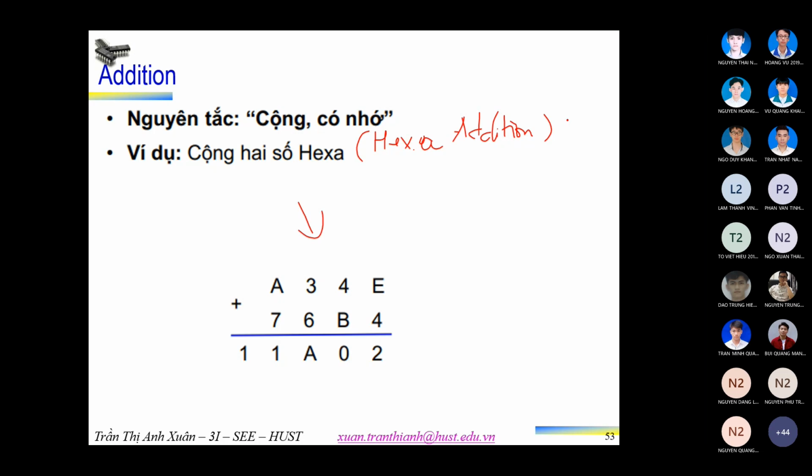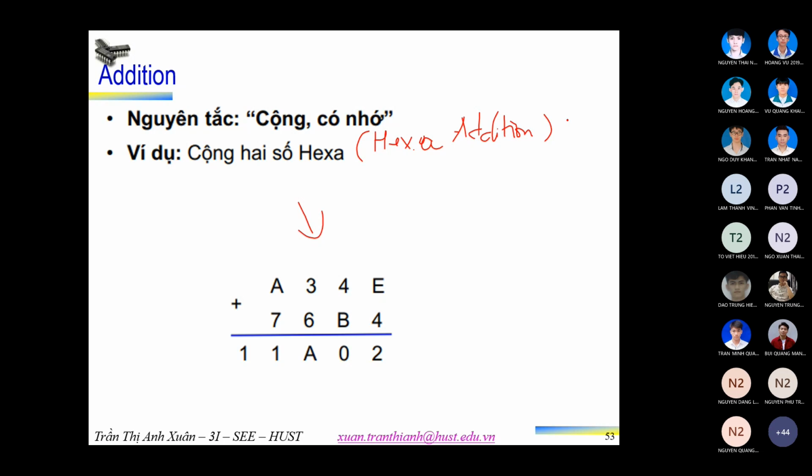How to complete this exercise? I convert the hex number to a binary number, and then I do the addition by binary addition. So you must remember that this is the practice for the hexadecimal addition, not the binary addition.